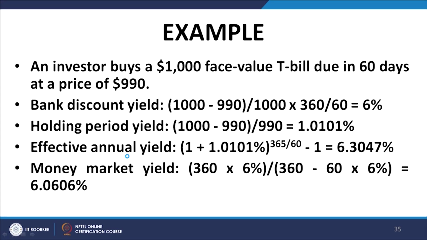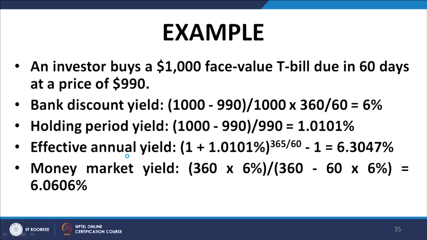Then the effective annual yield is the correct measure of yield, I may venture to say, and this is worked out on the basis of P1 upon P0 to the power 365 upon n, minus 1, and that gives us 6.3047%. As you can see, the difference between the banker's discount yield, which is 6%, and the effective annual yield, which is 6.3047%, is significant.